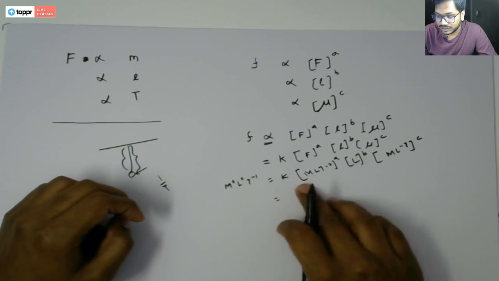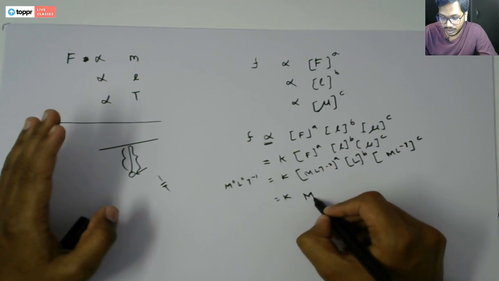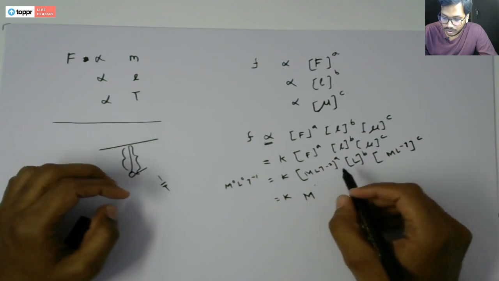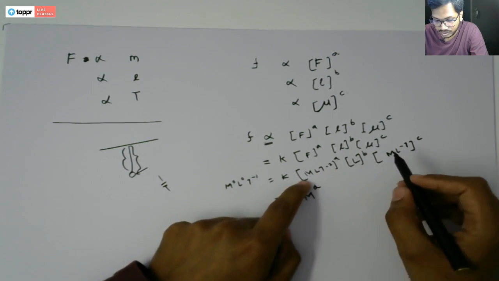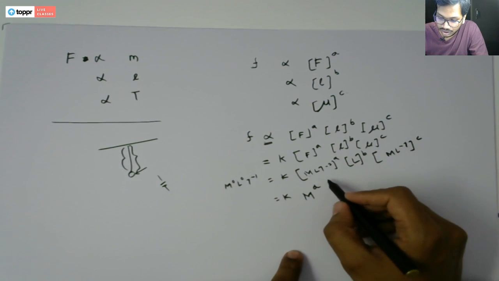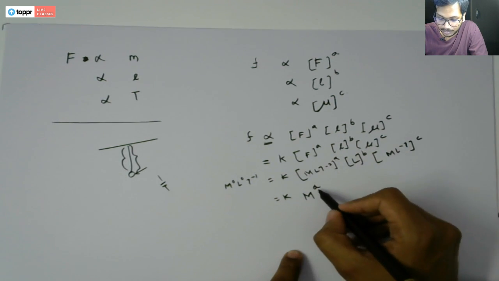Okay, now simplifying this side a bit, let the constant go. We are not worried about the constant. Mass raised to a. Now this does not have mass, so let this go. Mass raised to c. So M raised to a into M raised to c, so M raised to a plus c.